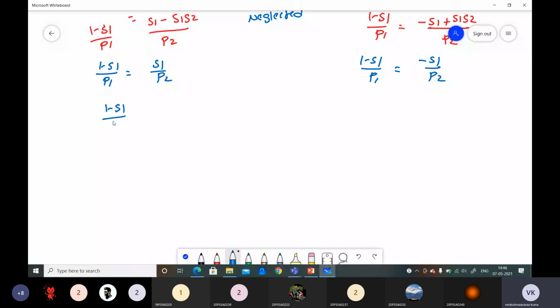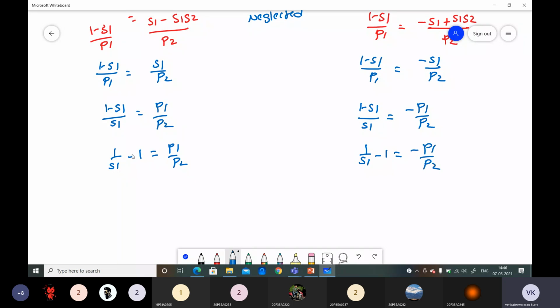Now 1 minus s1 by s1 equal to p1 by p2, and 1 minus s1 by s1 equal to minus p1 by p2. So 1 by s1 minus 1 equal to p1 by p2, and 1 by s1 minus 1 equal to minus p1 by p2. Now 1 by s1 equal to p1 by p2 plus 1, and 1 by s1 equal to 1 minus p1 by p2.